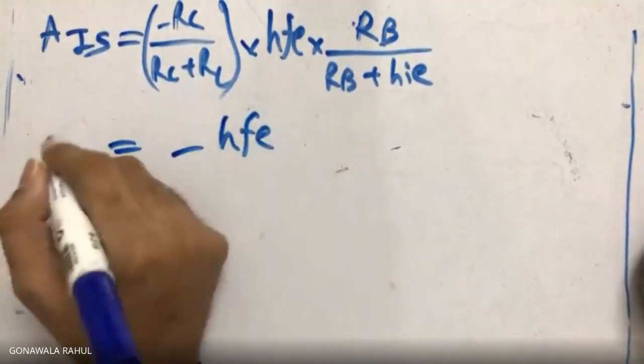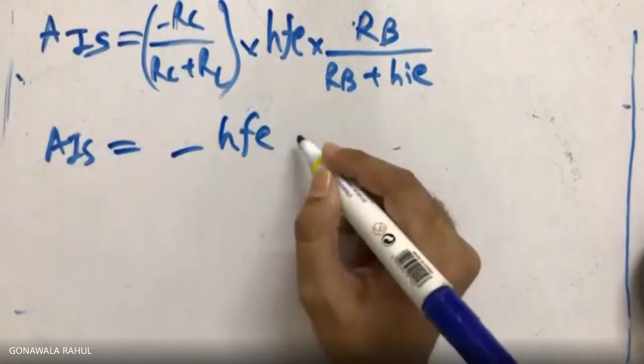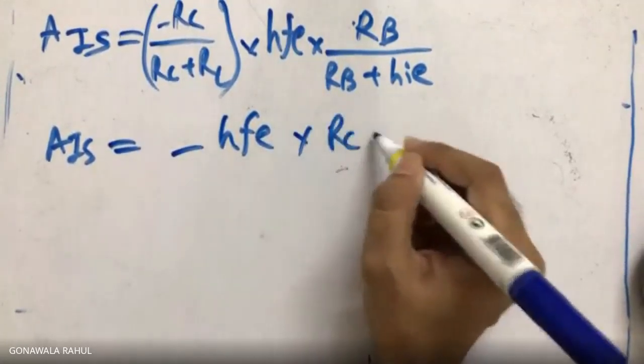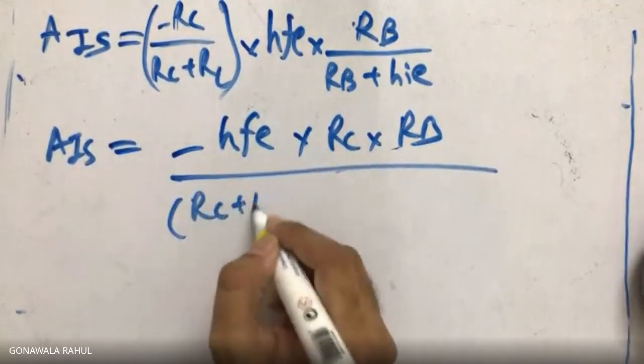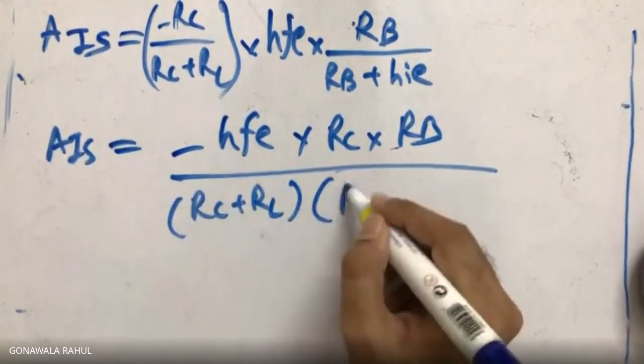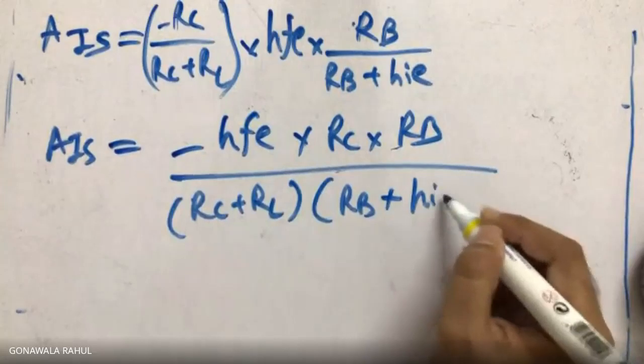We can write that AIS is equal to minus HFE into RC into RB upon RC plus RL into RB plus HIE.